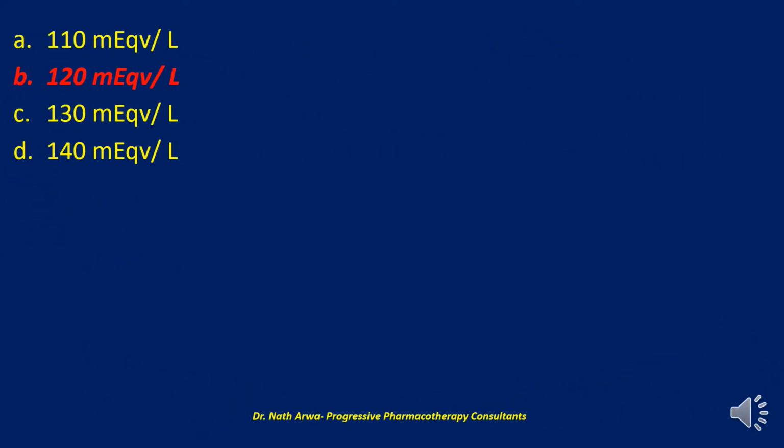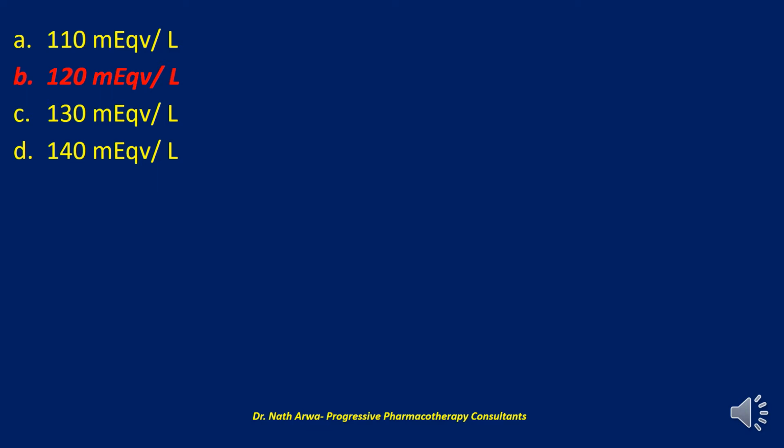The answer is B, 120 milliequivalents per liter. You raise the sodium by 2 to 2.5 for every 100 milligrams per deciliter of glucose over the 100 mark. For this patient, the glucose level in his serum is 340. So that gives us 340 minus 100, which is 240 above the 100 mark.